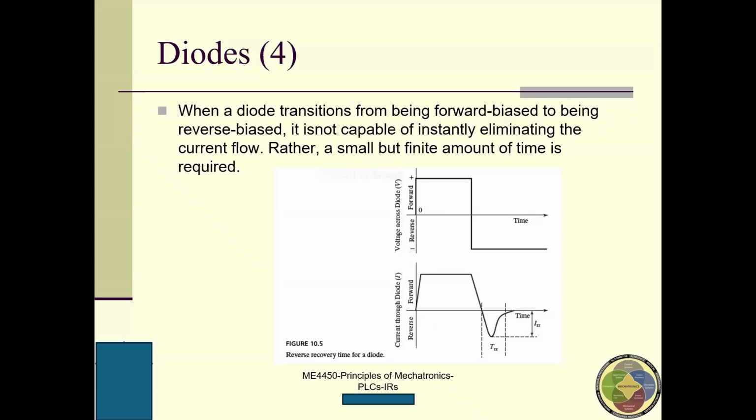Now, if you switch the polarity of the power, theoretically it should go from this value to 0. However, it does not. It goes this way first, then comes back to 0. So this is a finite amount of time. This is understandable. Practically, you need some time to adjust this current flow.